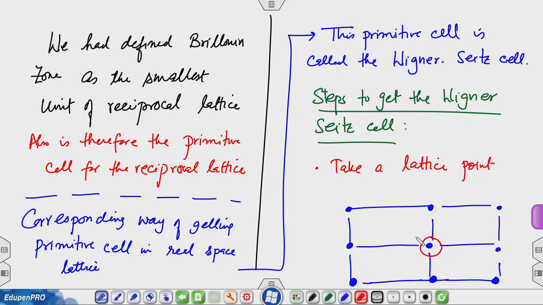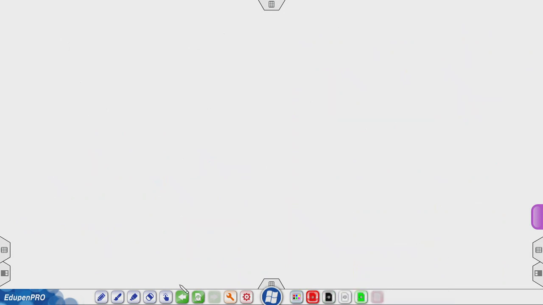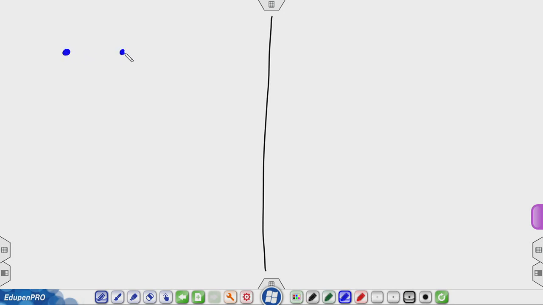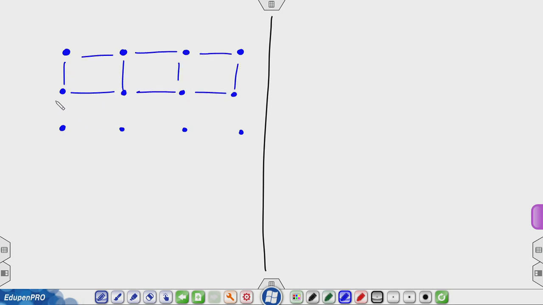That is step 1. Let me make this cell again. And I have chosen one particular one.